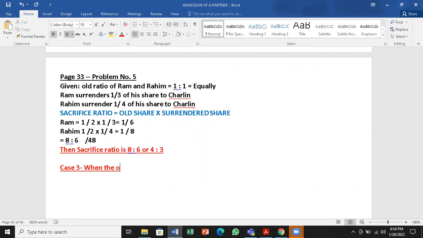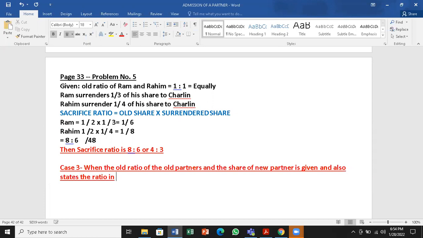When the old ratio of the old partners is given, and the share of the new partner is given, and also states the ratio in which the remaining share is shared by the old partners.